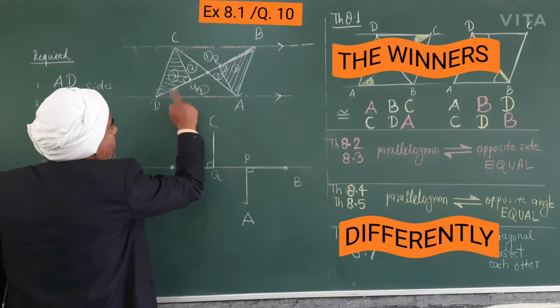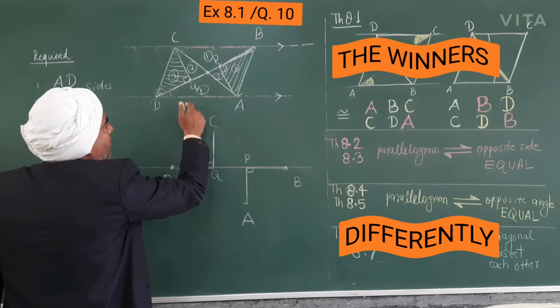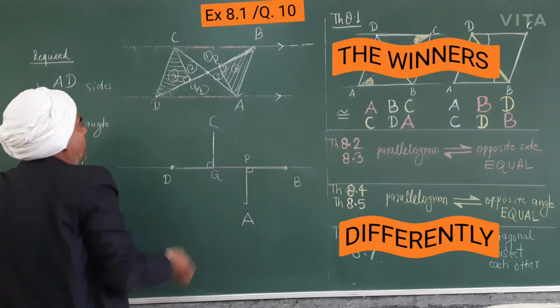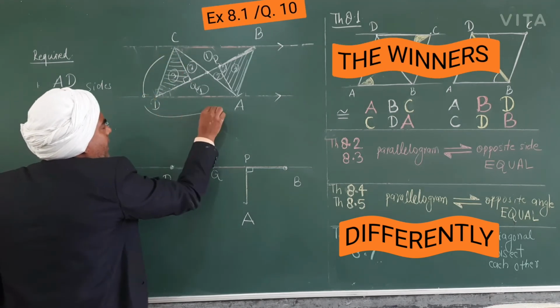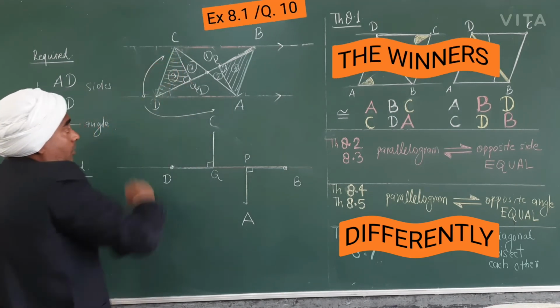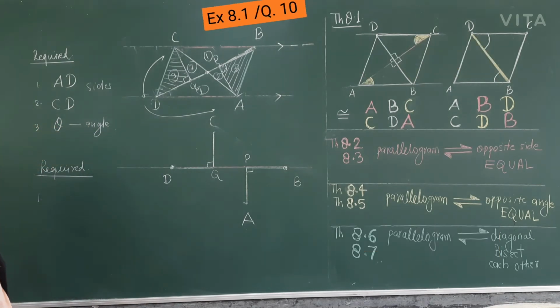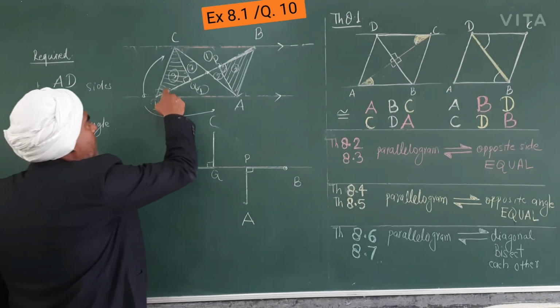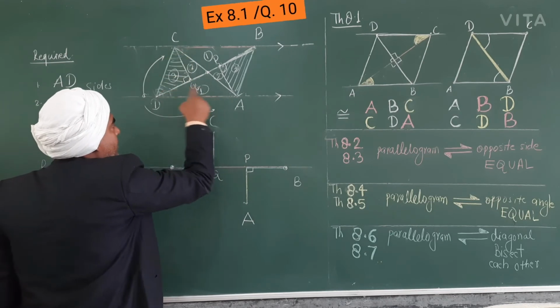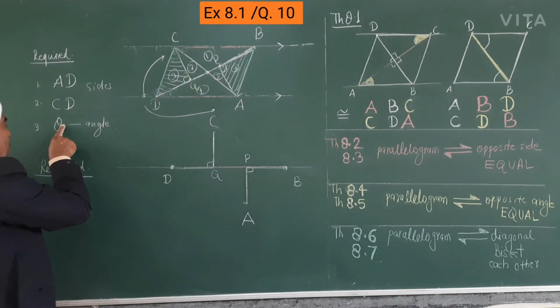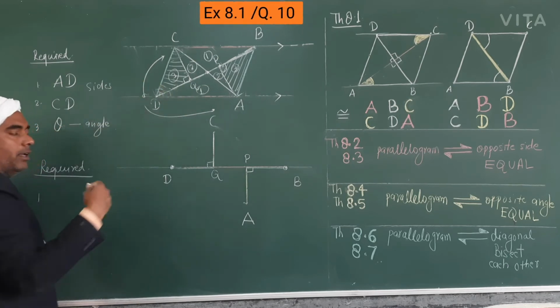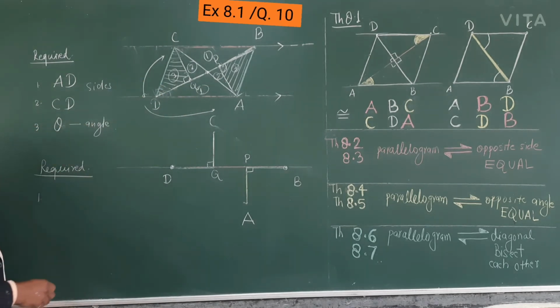This is called supplementary. So only this and this are related to each other, so this is only equal. If you know only one angle, you can know all four angles.